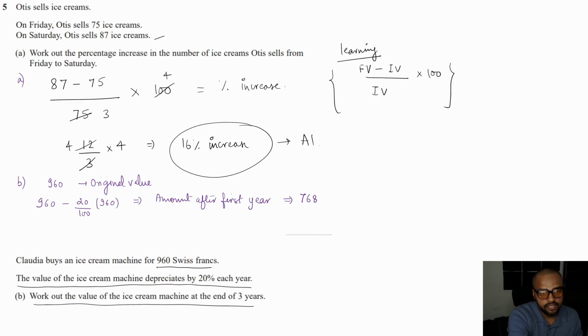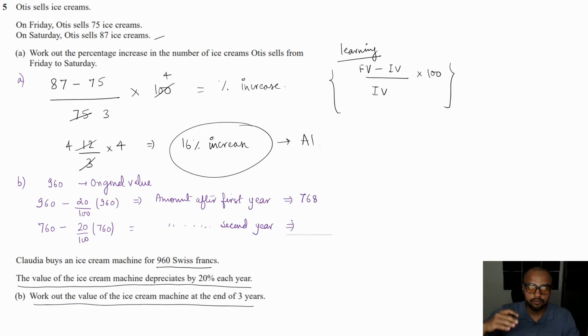In the second year, what will be the amount? Amount after the second year, same process: 768 minus 20% of 768. This will be the amount after the second year, students, because the machine is getting depreciated by 20%.